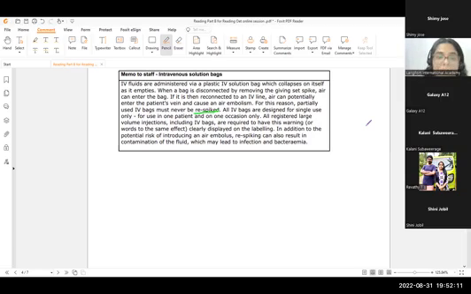All registered large volume injections, including IV bags, are required to have this warning, or words to the same effect, clearly displayed on the labeling.